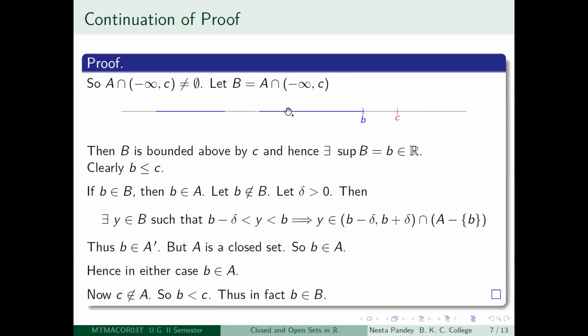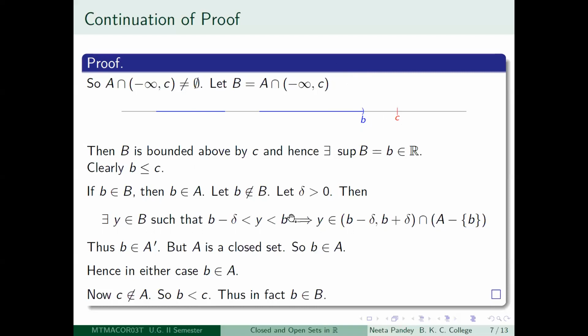So B is a non-empty bounded above set, hence its supremum exists. Let us call the supremum little b again, it doesn't matter. Since little b is the supremum, it is the least upper bound, and little c is an upper bound, so b is going to be less than or equal to c.